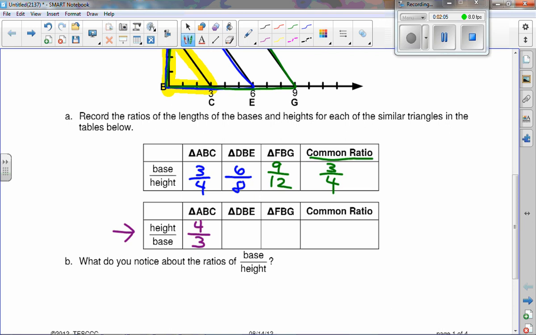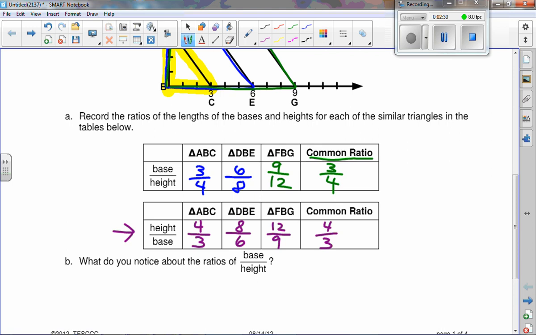The height of the middle triangle is 8 and the base is 6. And when we look at triangle FBG, our height is 12 and the base is 9. If we take all of those fractions and simplify them, our common ratio is 4/3.